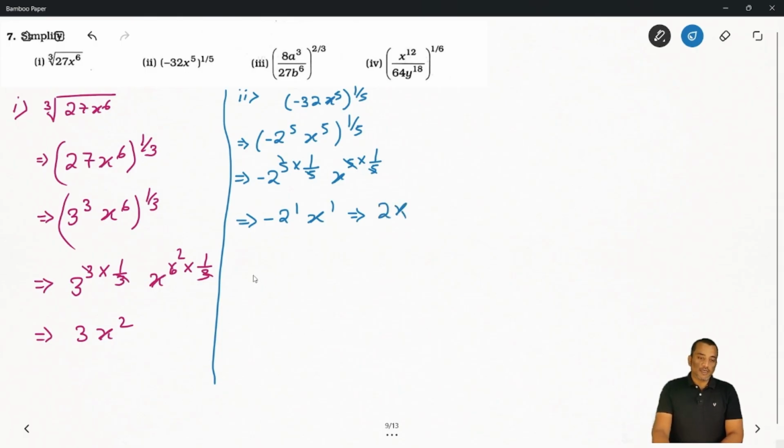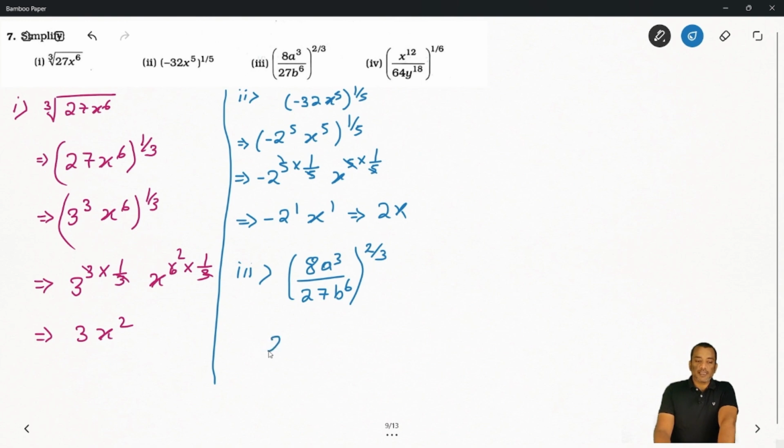Hope it's clear. Now let's solve the third one. The third one is saying 8a cubed by 27 b to the power 6, and the whole is raised to 2 by 3. So here also you have to go the simple way. First we can say 8 is 2 to the power 3 times a to the power 3, and 27 we can say 3 to the power 3 and b to the power 6, and the whole is 2 by 3. Okay, now after that you can apply the power rule.